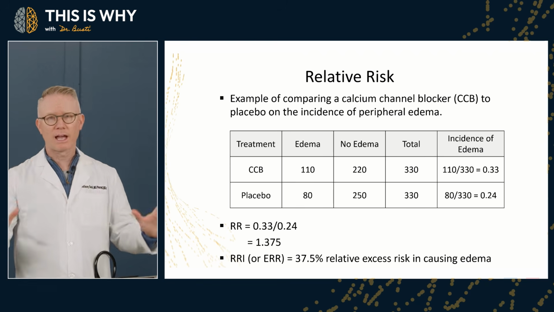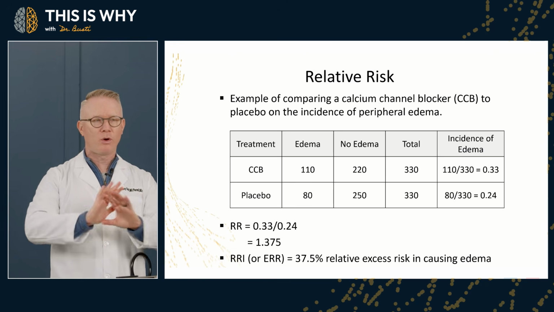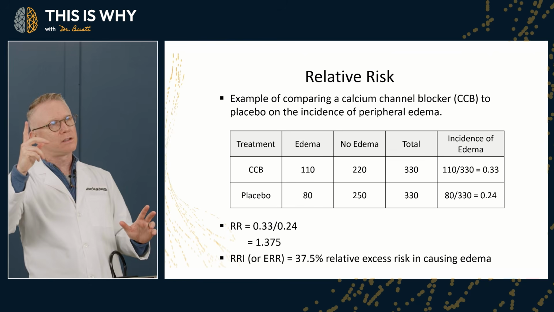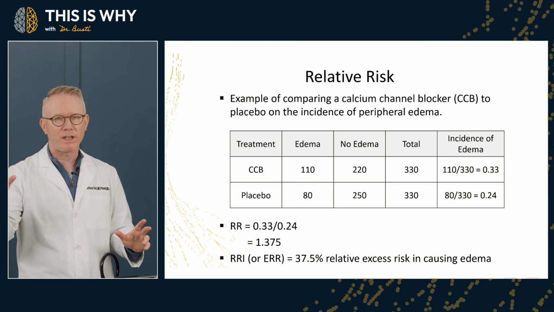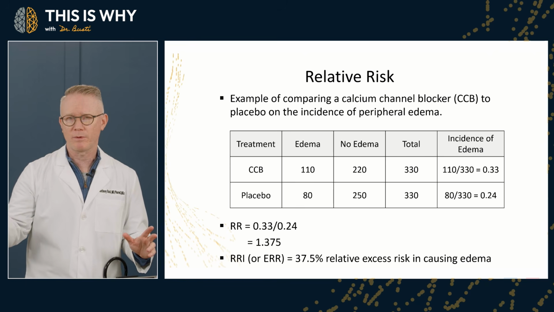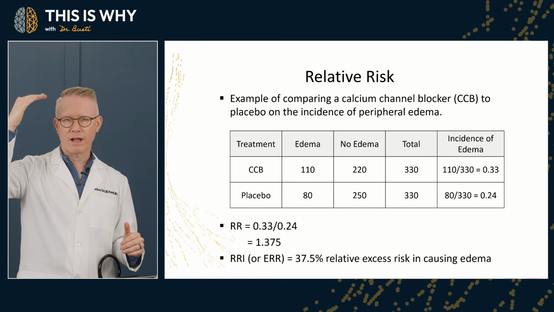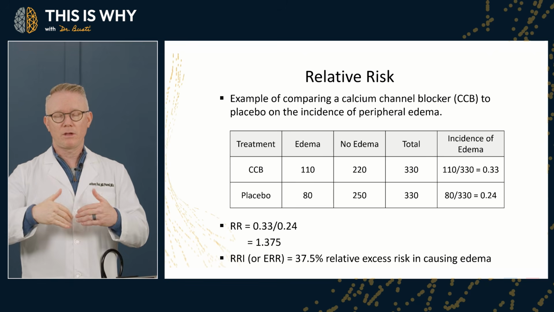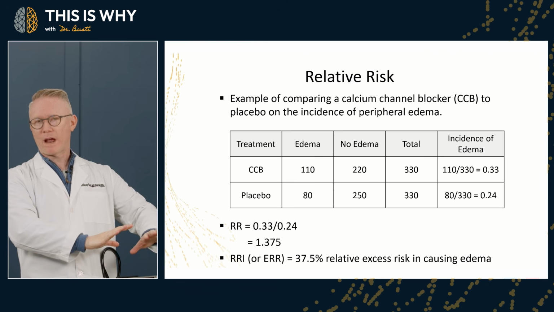So already just looking at the numbers, if you just stop right there and you only glance at the incidence, and you know the formula, the incidence of the exposed divided by the incidence of the unexposed, the placebo group, well, the top number, the numerator in the math, is larger than the denominator. I don't have the math just yet.